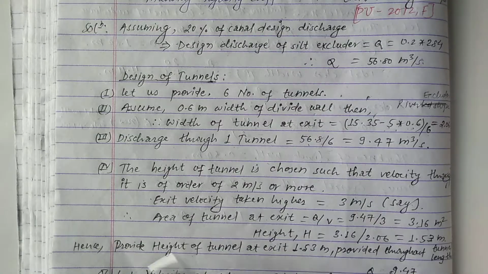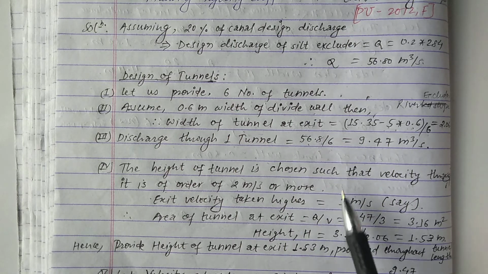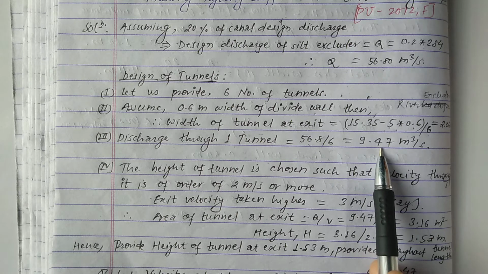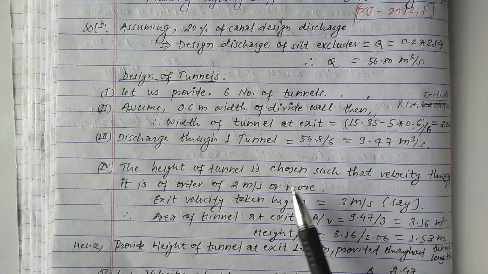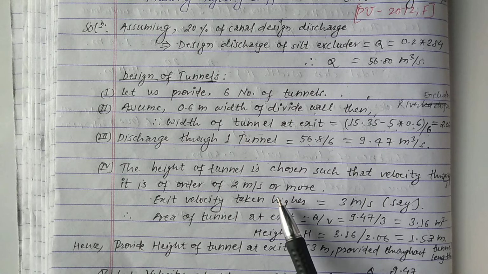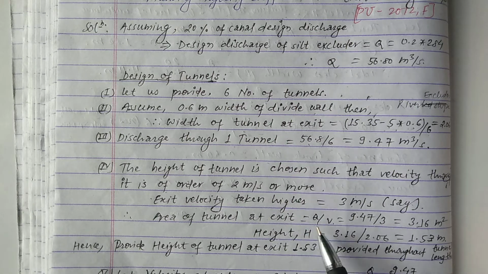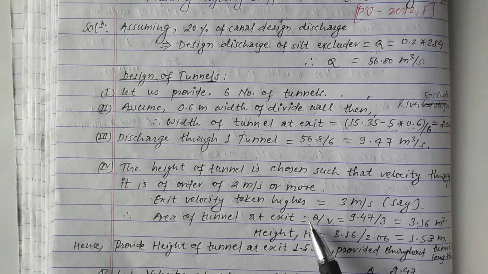Now we have to calculate the area of the tunnel at exit. We already have the velocity as 3 meter per second, and the discharge is 9.47 for a single tunnel. For the area of the tunnel we can simply use area equal to Q by V, as we know, and we will use this formula many times.